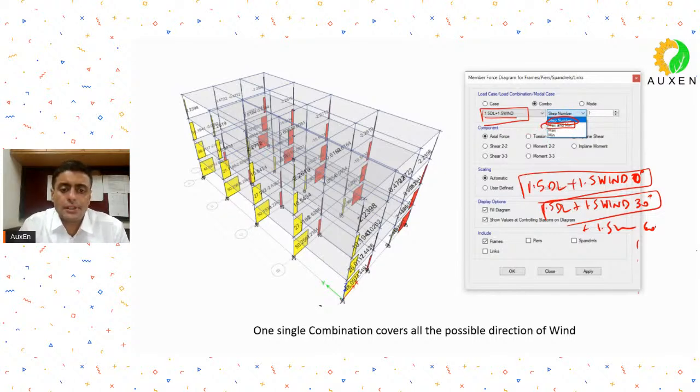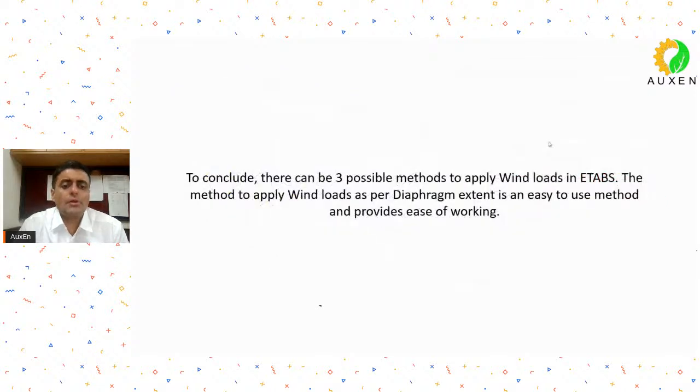So this is quite easy. You don't need to make any other combination. It will just make your life quite simple. So to conclude, there can be three possible methods to apply wind loads, but the method which is easier, and which offers you great workability, in my view, would be the diaphragm method.